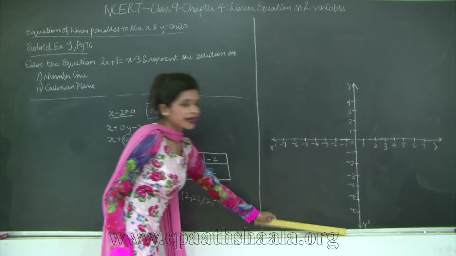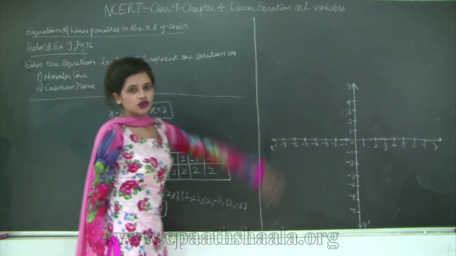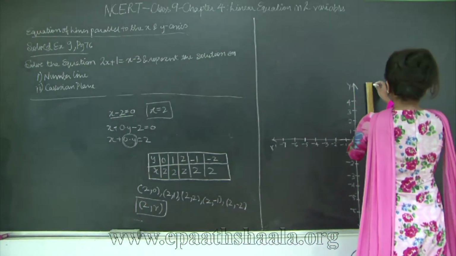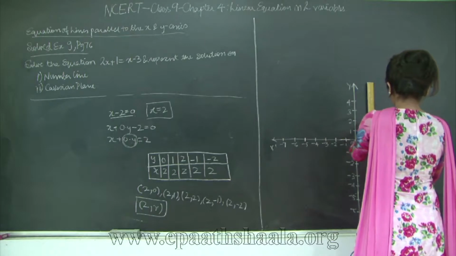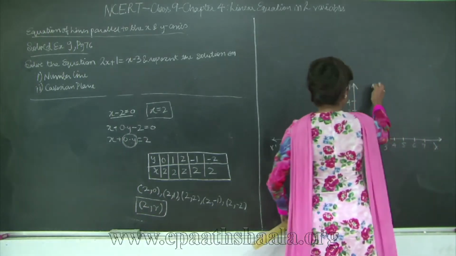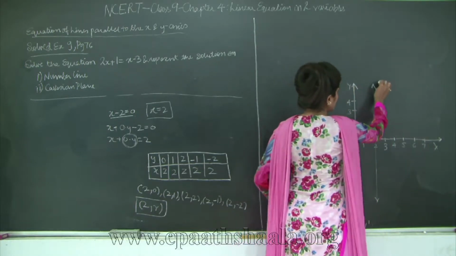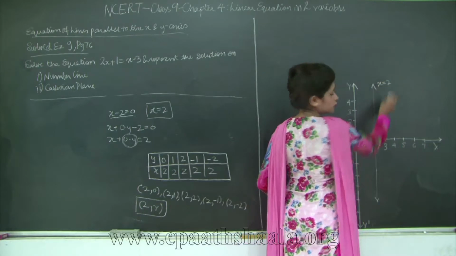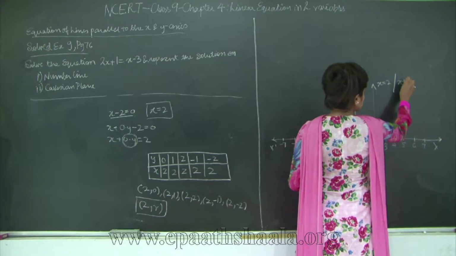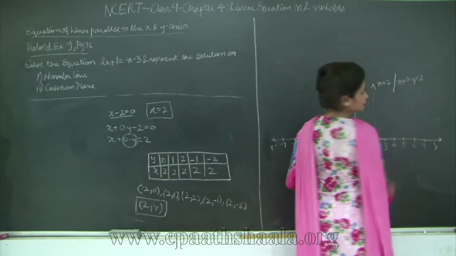I just need to take 2 as my coordinate on the x axis and draw a line parallel to the y axis. So this is my line and I am going to mark it as x is equal to 2, or you can also represent it as x plus 0 into y is equal to 2, right?